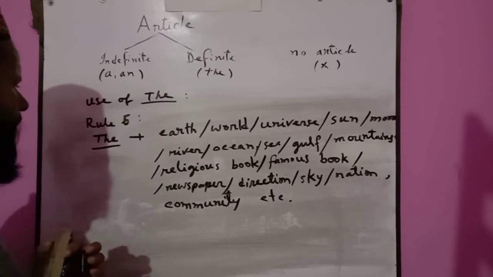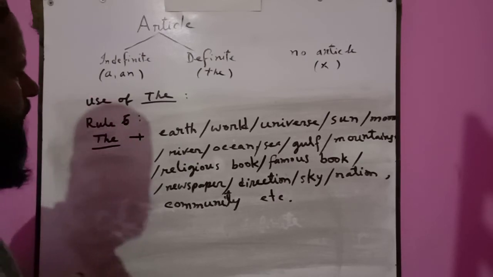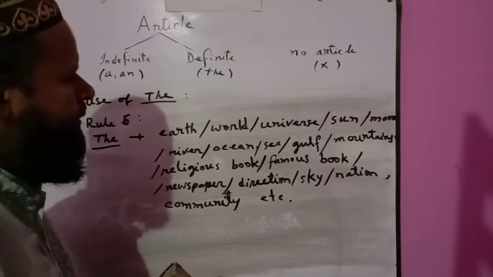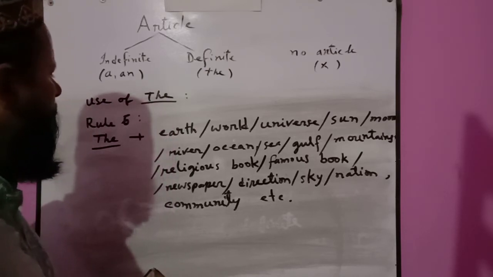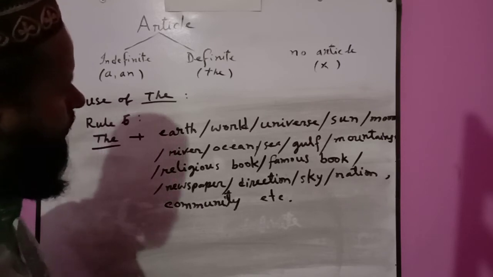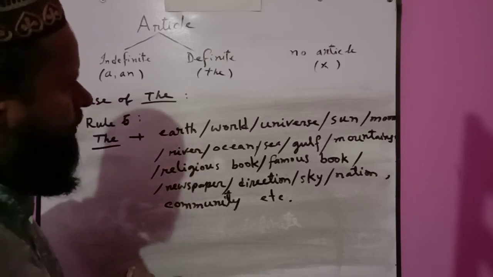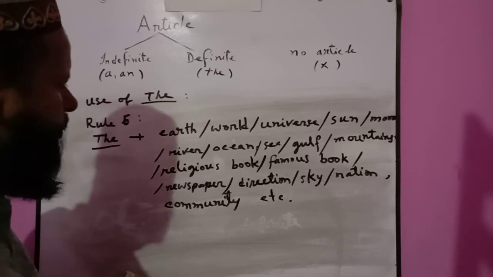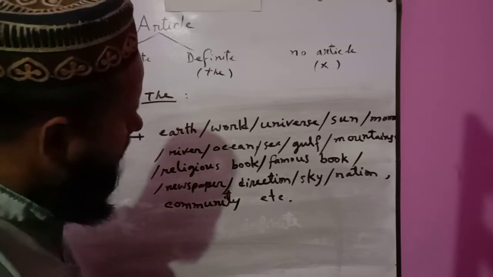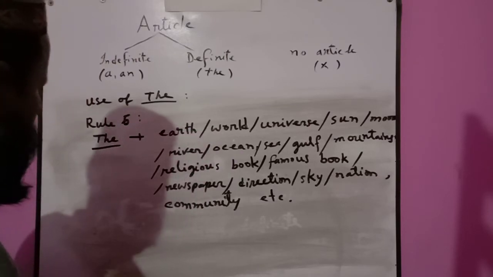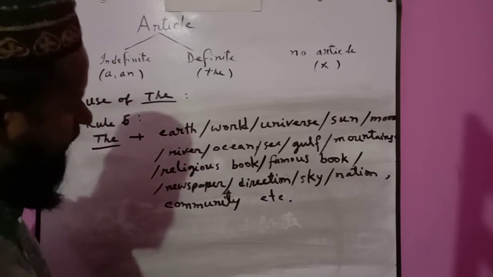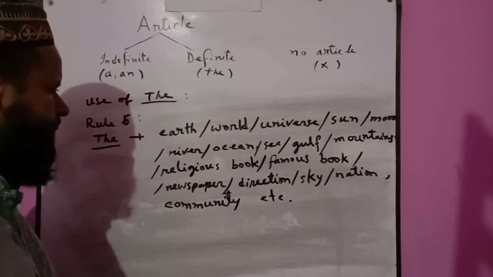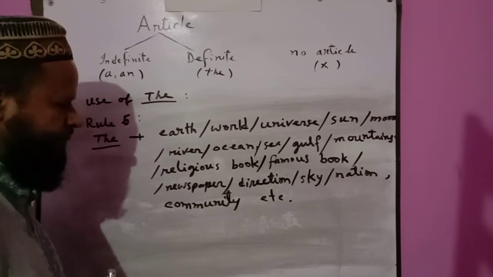We must use the before earth or world or universe or sun or moon or river or ocean or sea or gulf or mountains or religious book or famous book or newspaper, direction, sky, nation, community, etc. We must use the.